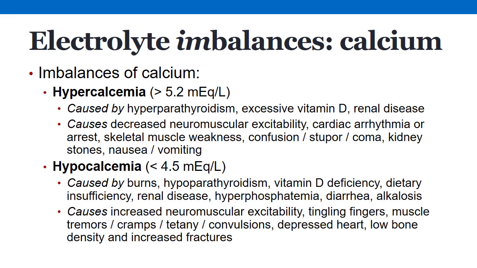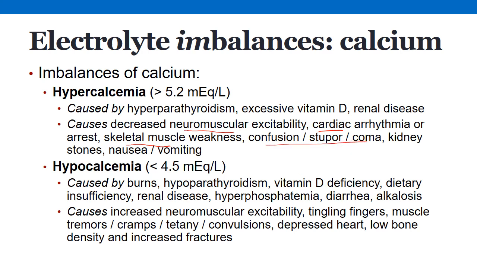Finally, imbalances of calcium are going to look a lot like the hyper- and hyponatremia and kalemia that we talked about, in that there's going to be neuromuscular problems, cardiac problems, skeletal muscle problems, though the problem with hypercalcemia tends to be more of a weakness in skeletal muscles than tremors, and central nervous system symptoms.